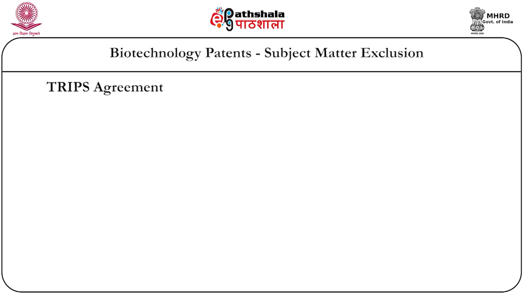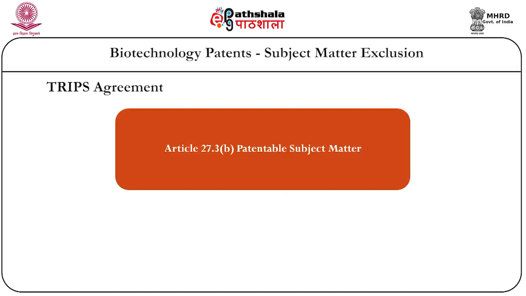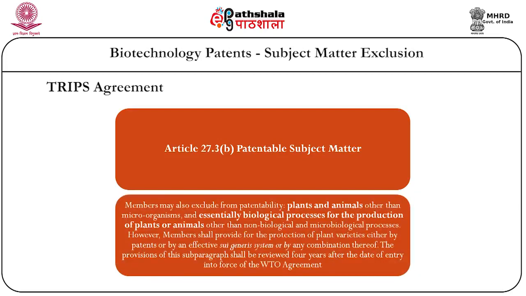Hence, the only exclusions that are allowed are in Article 27.2 that relates to ordre public and morality, and Article 27.3, especially Article 27.3(b), that relates to exclusion of biotechnology subject matter. And it says, I quote, Article 27.3(b): members may also exclude from patentability plants and animals other than microorganisms, and essentially biological processes for the production of plants or animals other than non-biological and microbiological processes.